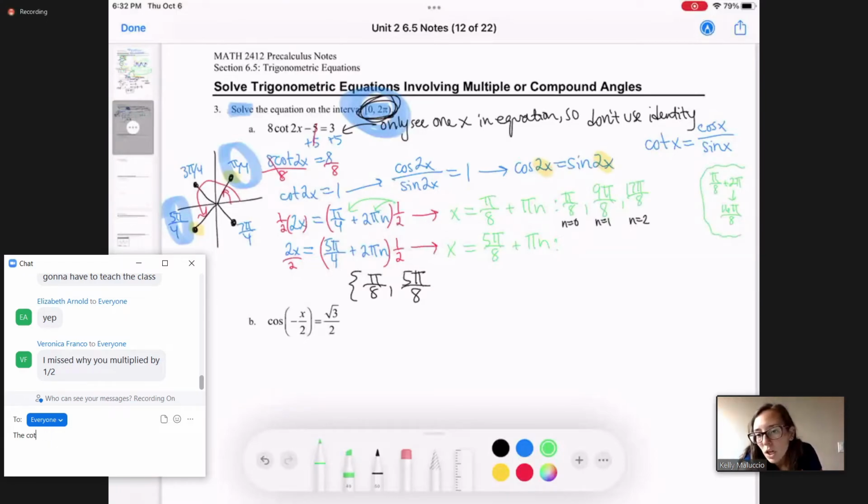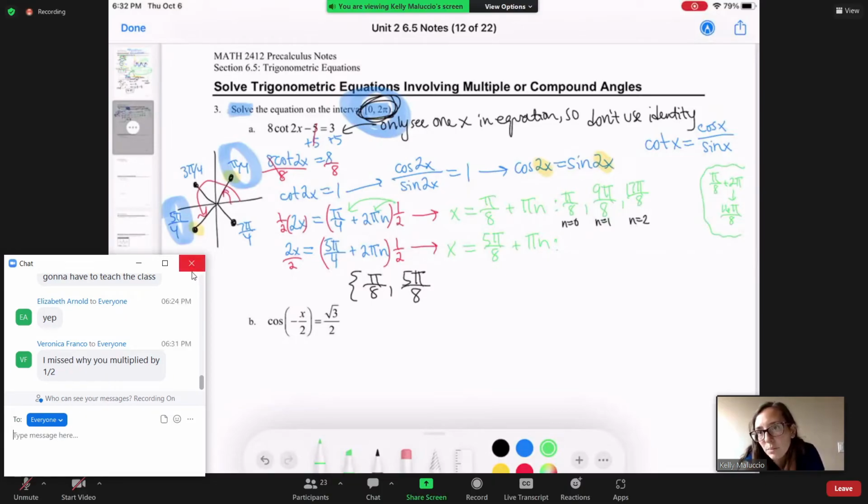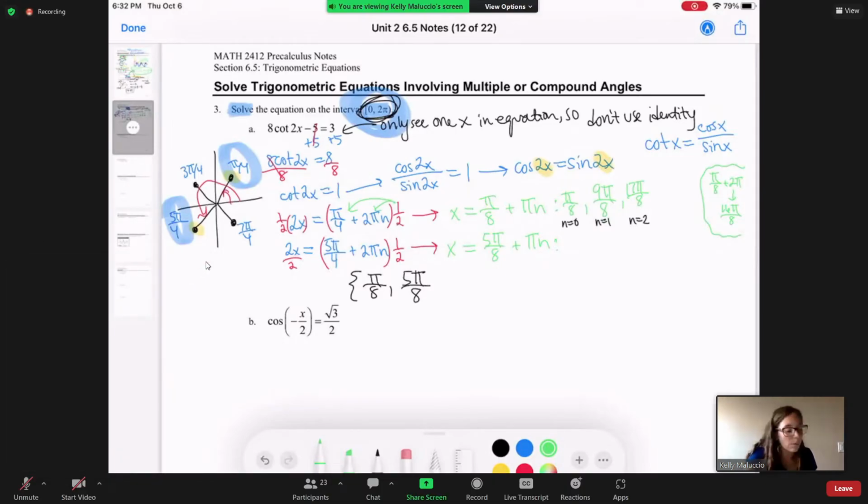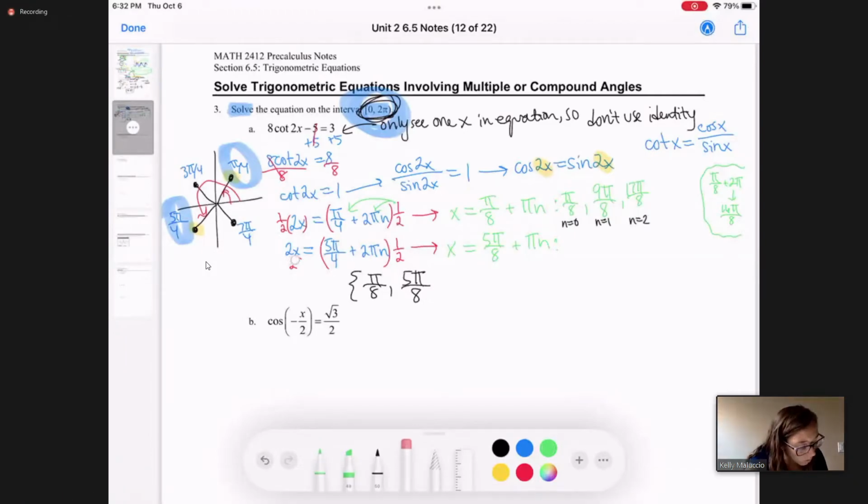Oh, sorry. I'm not looking at the chat, but let's look at it. I missed why you multiplied by 1/2. Okay, what I was saying when I did that was, I had 2x on the left side and then an answer on the right, and I said, okay, I need to solve for x. So normally I would just divide by 2.